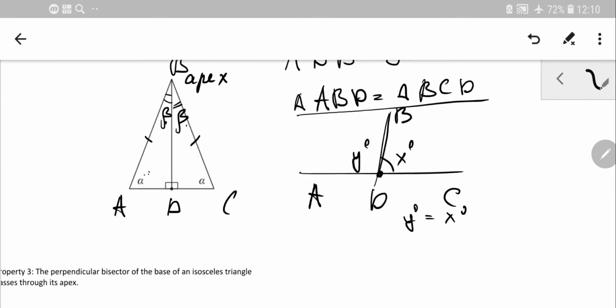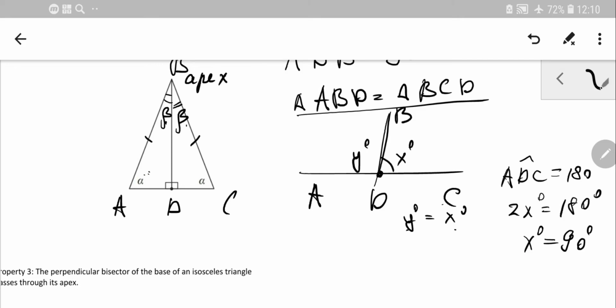The total measure of the open angle ADC is 180 degrees, so 2x is 180, and splitting this measure into two equal parts, x is 90 degrees.